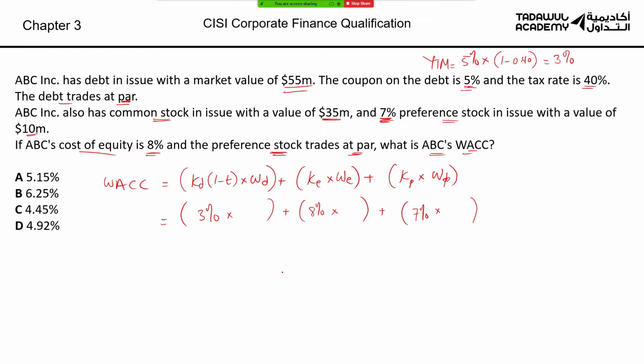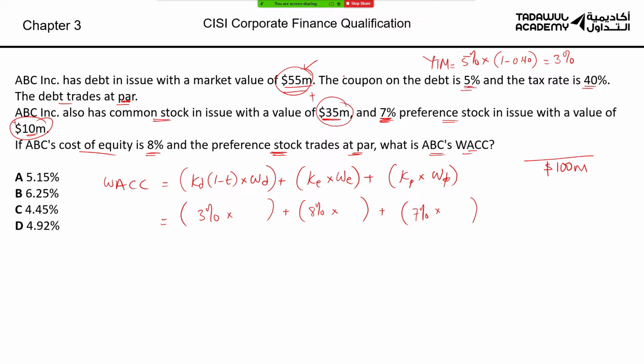So let's look at the weightings. What's the total value of the capital of this company? It's the 55 million value of debt, 35 million value of equity, and 10 million value of preference shares. So 55 plus 35 plus 10 gives you 100 million. That's the total.